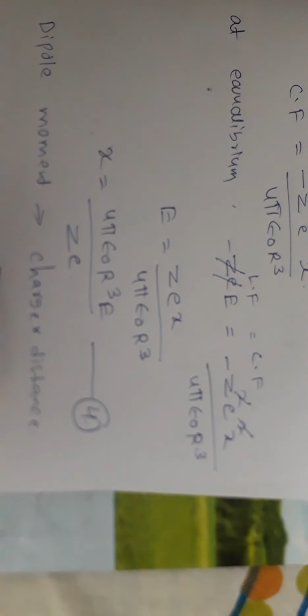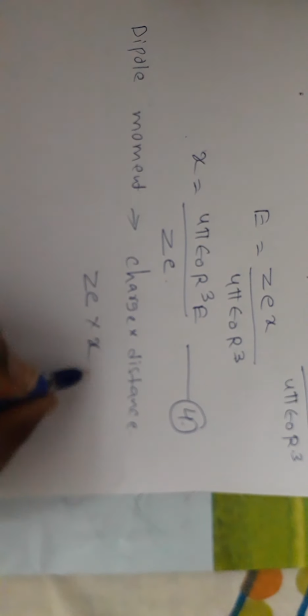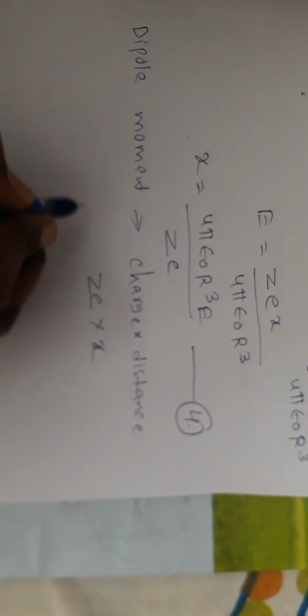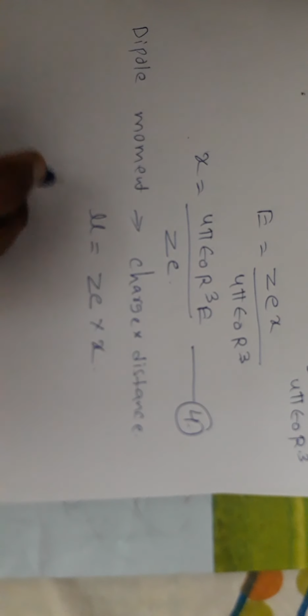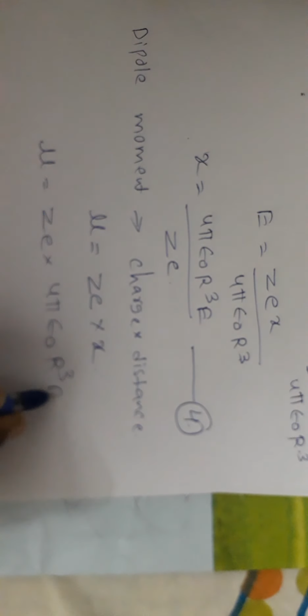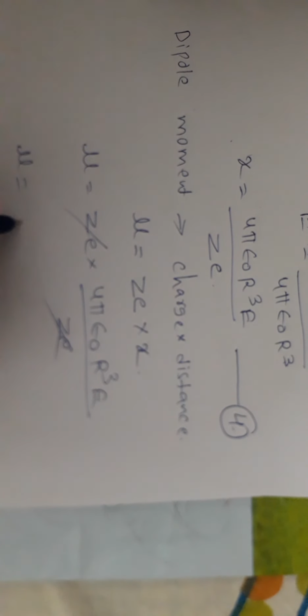The magnitude of charge is ZE and the distance between the two charges is x. So substitute this equation: dipole moment mu is equal to ZE into 4 pi epsilon naught r cube E by ZE. ZE cancels. Now mu is equal to 4 pi epsilon naught r cube into E.